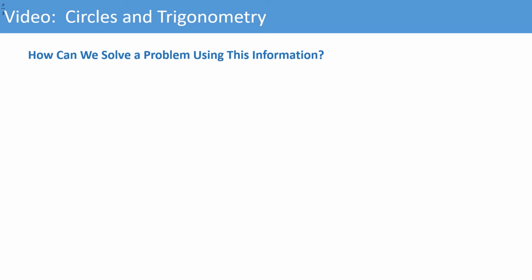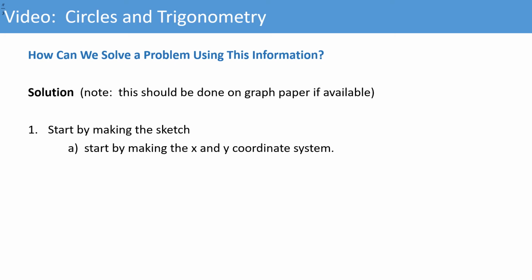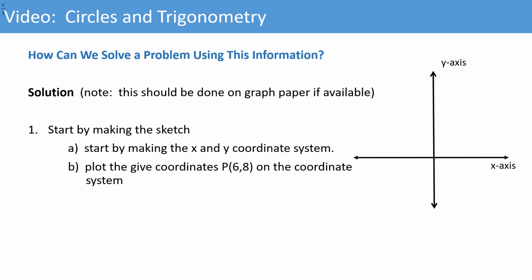How can we solve a problem using this information? For this solution, it is suggested that you do it on graph paper for accuracy. Start by making the sketch. Start by making the x and y coordinate system. Plot the given coordinates P, 6 and 8.